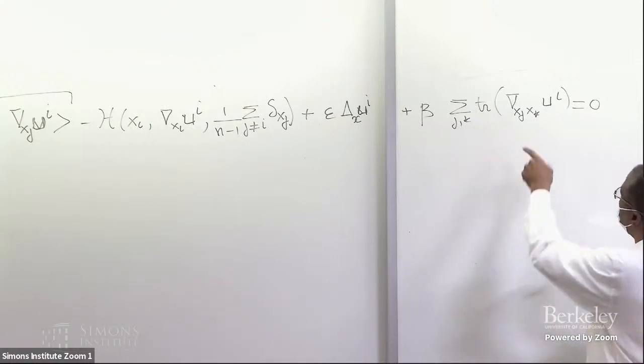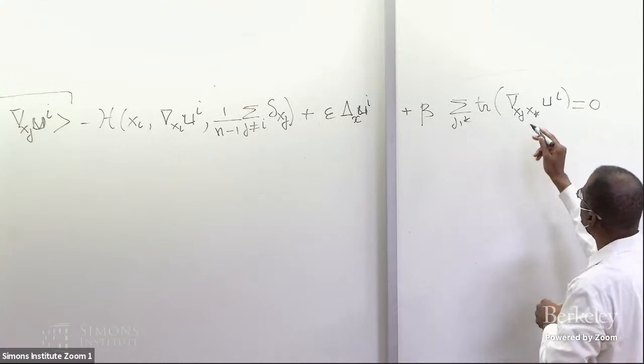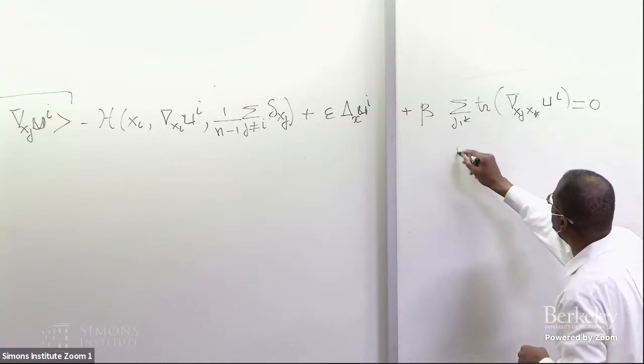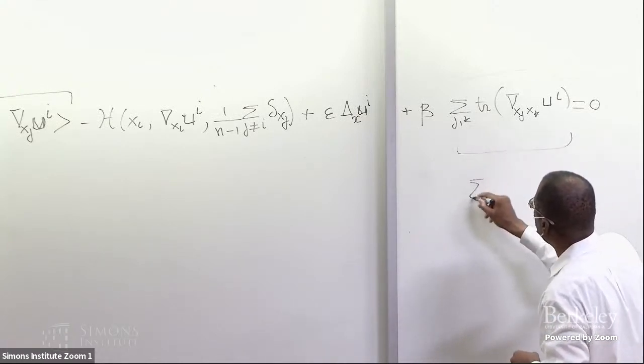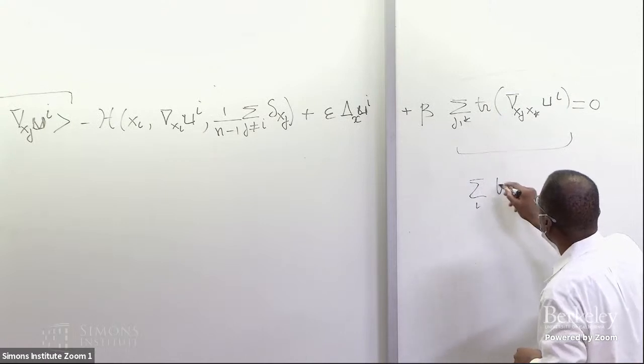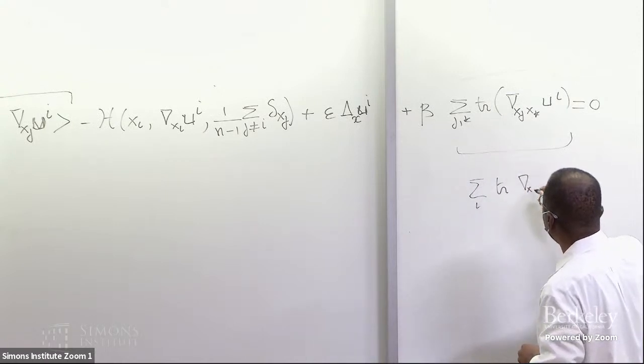Now, observe that here, I can rewrite this expression as the sum over i trace gradient s_i.